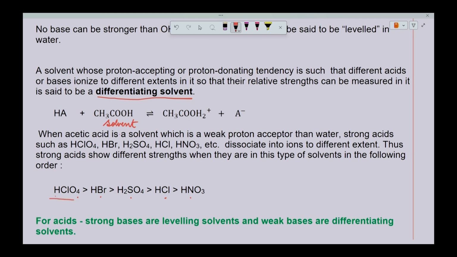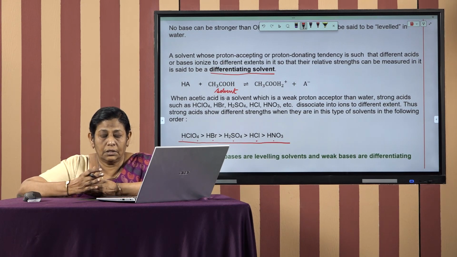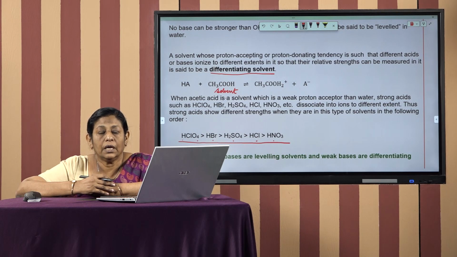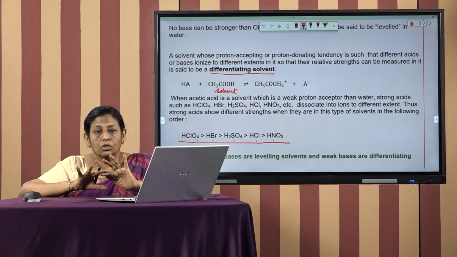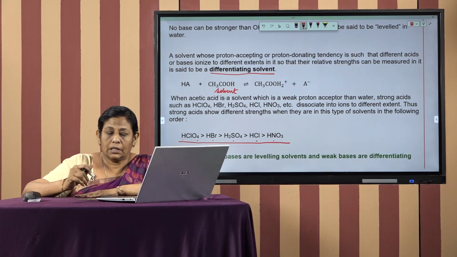So, using this you can differentiate which is a stronger acid and which is a weaker acid on comparison, and therefore, acetic acid can be considered a differentiating solvent. This cannot be found out when we use water because all appear to be strong acids.